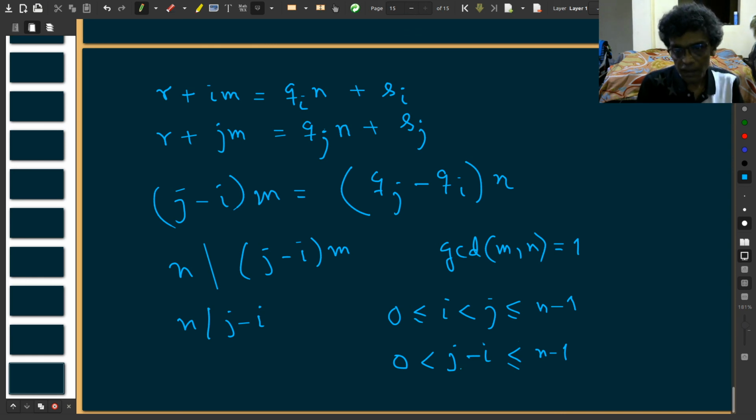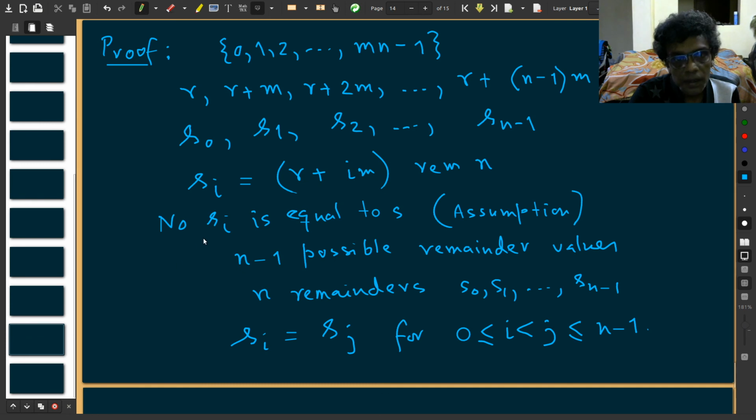If that is the case, how can j minus i be a multiple of n? Okay, so this is a contradiction. There is no integer in the range 1 to n minus 1 which is a multiple of n. So this is a contradiction which says that our assumption that no Si is equal to Sj is wrong. Okay, this does not hold. So I must be able to find such a pair somewhere in this, and then we are done.